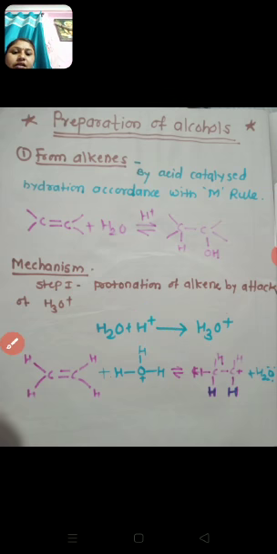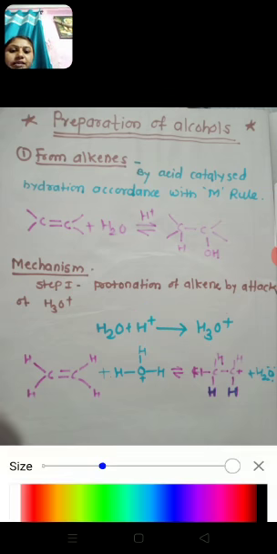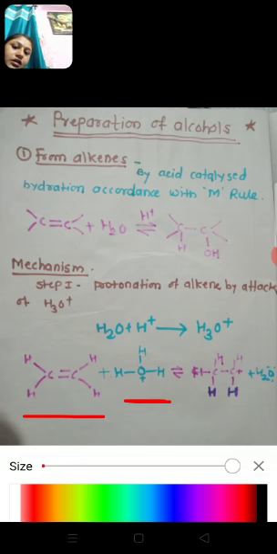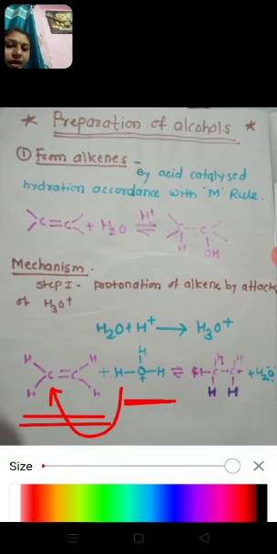Here is an example of ethene. This H3O plus is added to the alkene. This H plus is added to this carbon atom.